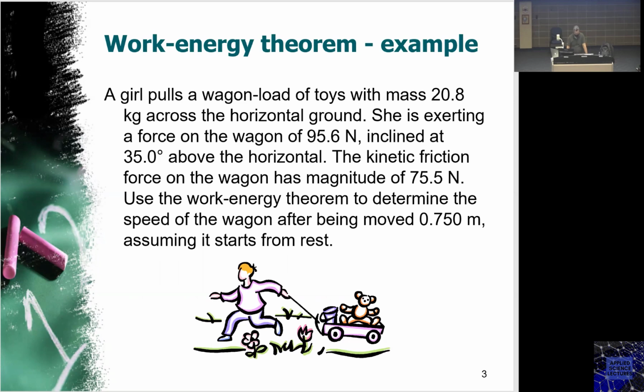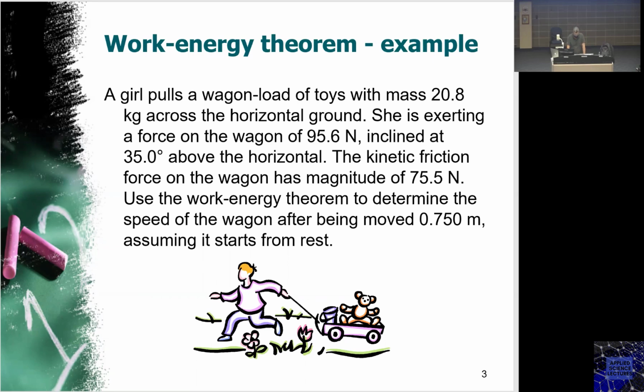So in this example, we have a girl pulling a wagon load of toys with mass 20.8 kilograms across the horizontal ground. She's exerting a force on the wagon of 95.6 Newton, inclined at 35 degrees above the horizontal.